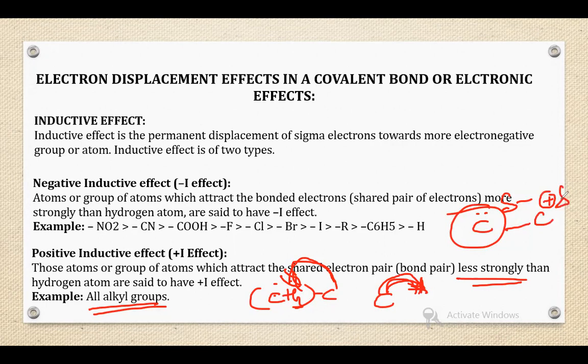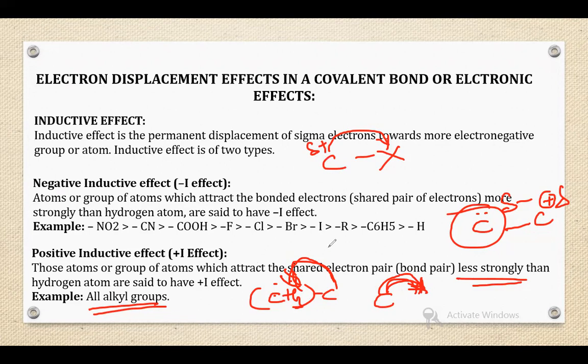You need to note the difference between the negative inductive effect and the positive inductive effect. In the negative inductive effect, the substituent group is more electronegative, so the shared pair of electrons shifts towards the more electronegative group, hence the carbon has a partial positive charge.